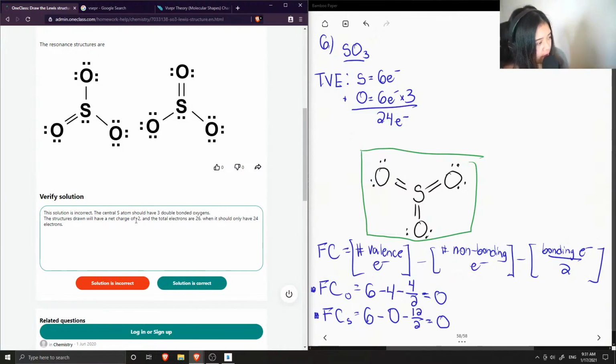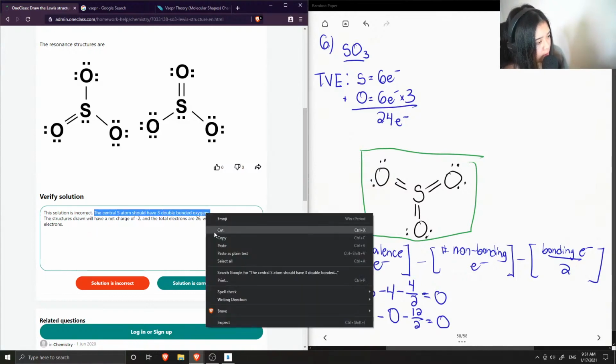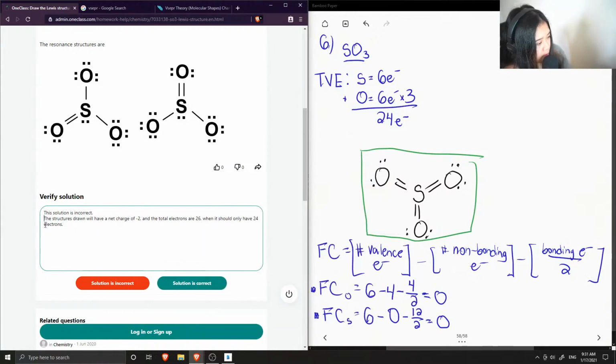The structures shown have a net charge of -2, and the total electrons are 26 when it should only have 24 electrons. The central atom should have 3 bonded oxygens for the correct Lewis structure.